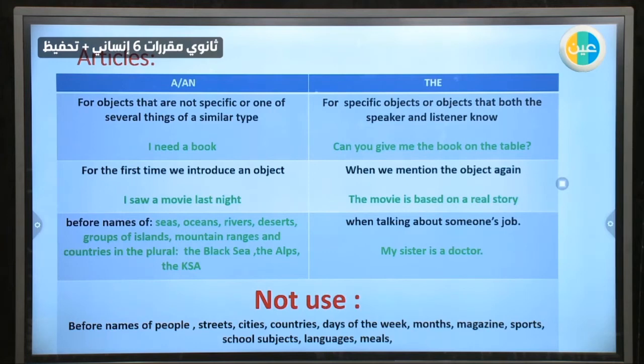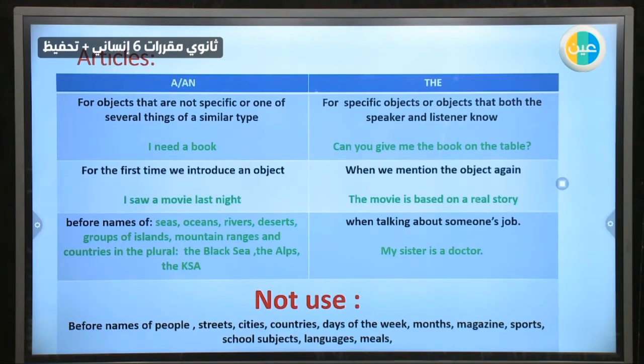Before names of seas, oceans, rivers, deserts, groups of islands, mountain ranges and countries in the plural, here we use the, not a. Be careful, we use the.